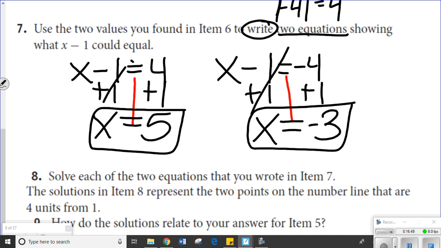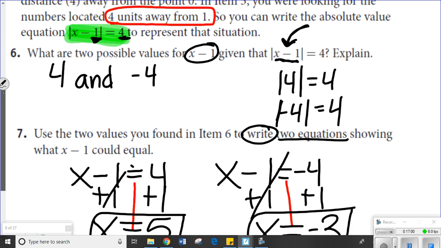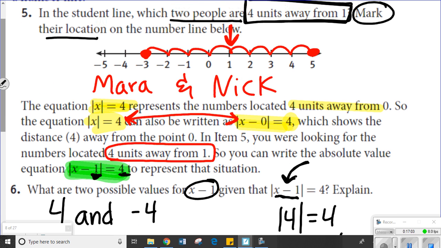How do the solutions relate to your answer from question 5? I can't extend my page here, so I'm going to go back up to question 5. What were our two answers here? We had a point at negative 3, and we had a point at 5.